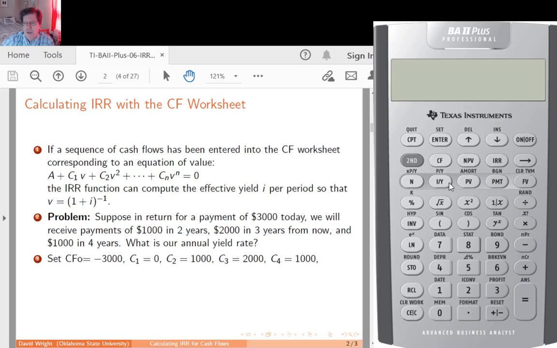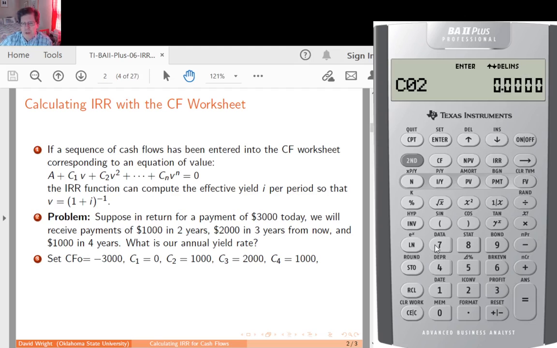So if I go to the cash flow worksheet and turn on the calculator, I hit the CF button, and I'm going to put CF0 equal to negative 3,000. That's our investment today. You have to hit enter. Now there's nothing coming in 1 year. You still have to enter that to make sure that you have regular time intervals. So we're going to enter 0 on C1.